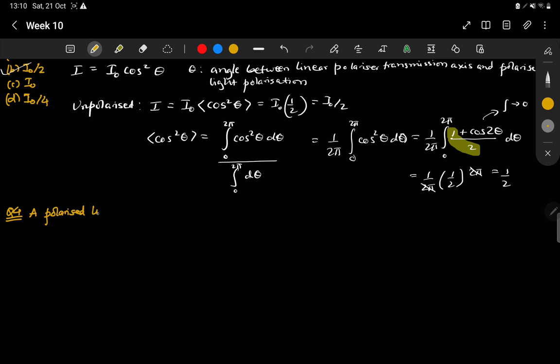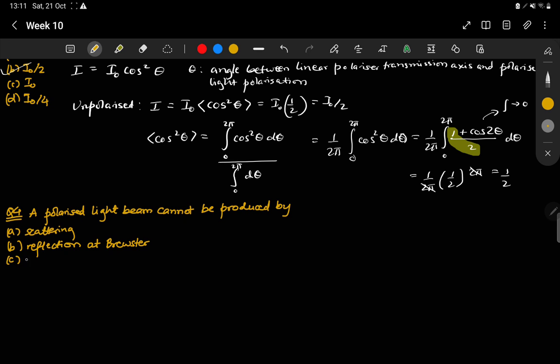A polarized light beam cannot be produced by option A, scattering, option B, reflection at Brewster angle, option C, double refraction, or option D, interference.